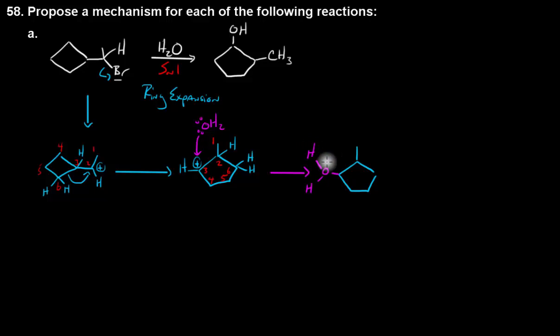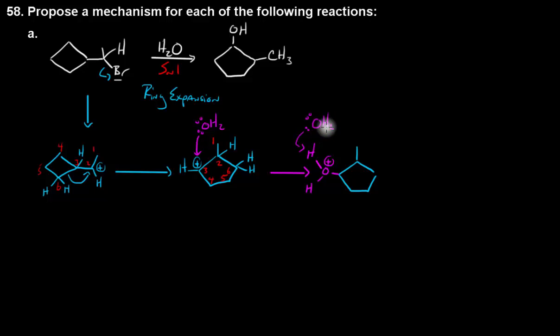Okay, so you have the hydrogen, you have a positive charge. So the question you should ask yourself is, well, how do we get rid of that positive charge? And how do we make this look more like this? Because we're almost there. This is a very, very simple step, and it's almost too much to add it, but it's still an important step to show because it tells the complete chain of events about how you got from point A to point B. And all we're doing is we're going to use water now, not as a nucleophile, but also as a base.